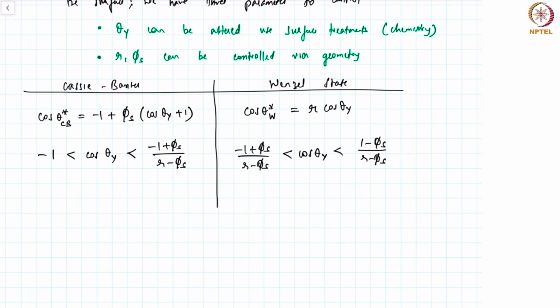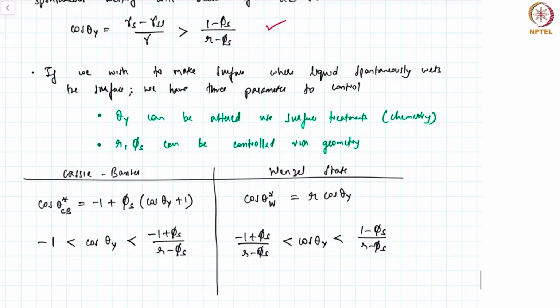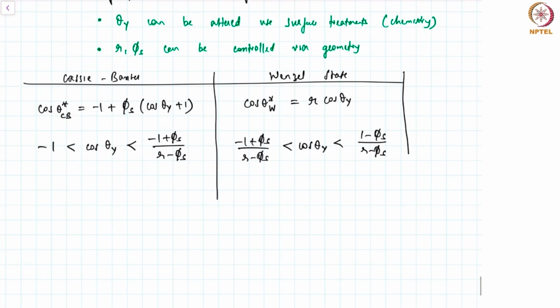And if cosine of theta y exceeds 1 minus phi s by r minus phi s, then you have spontaneous wetting that occurs.